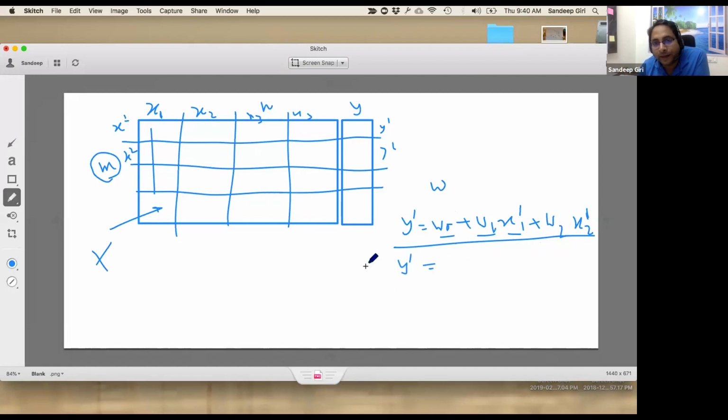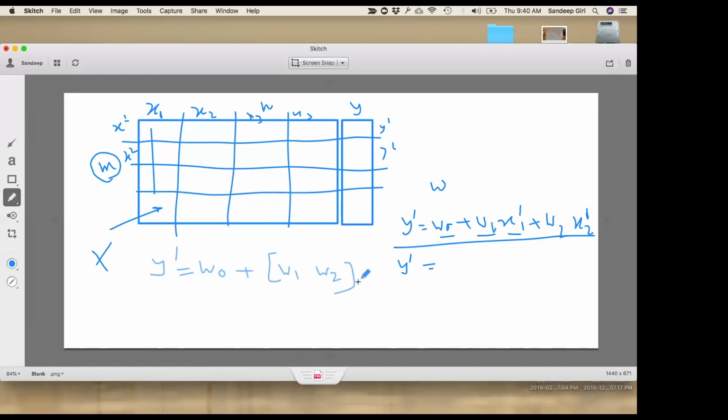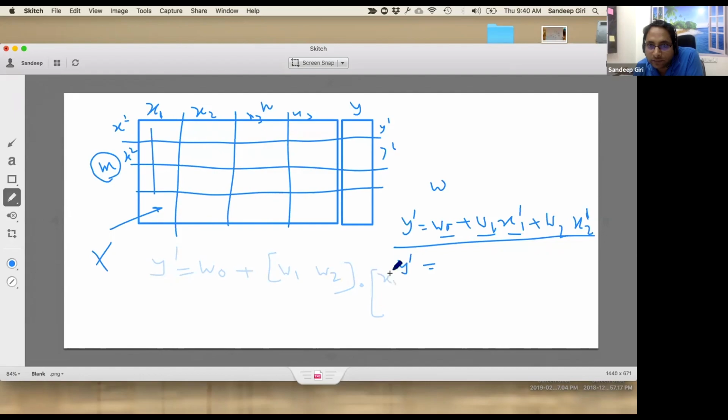But to express the same thing as vectors, we could do something like y1 equals w naught plus w1, w2 dot product with x1 and x2.